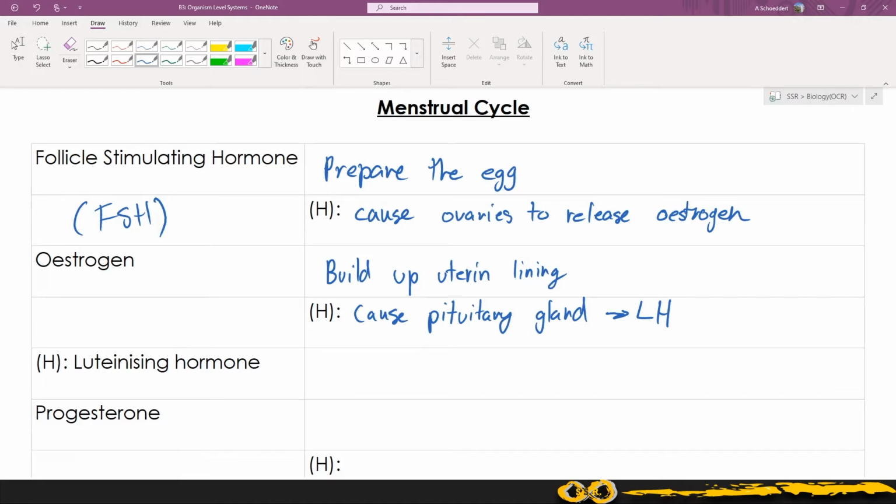The pituitary is going to prioritize luteinizing hormone, and it will stop production of FSH. Luteinizing hormone is only on the higher syllabus, and what it does is it causes ovulation. So it causes the release of the egg on approximately day 14.